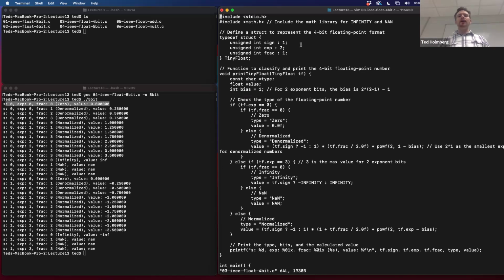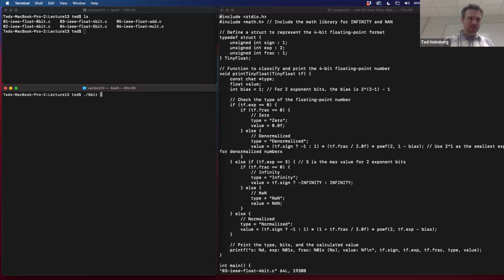For our exponent bits, we'll have 2, and then for a fractional bit, we'll do 1. And I think this one, no, is 3. Okay.